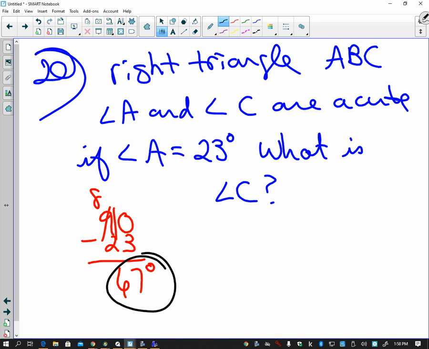You'd still get 67 degrees. But the two acute angles on a right triangle will always add up to 90 degrees, because you have a 90-degree right angle, so 180 minus 90 is always 90. So you can always subtract the acute angle from 90 and find the other missing angle. All right, we're going to stop right there.